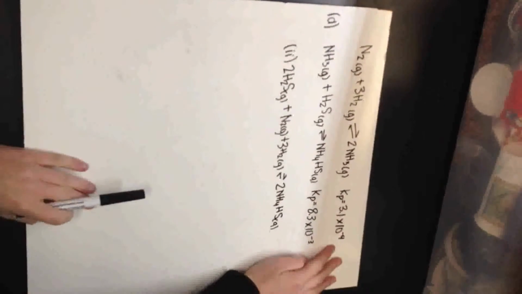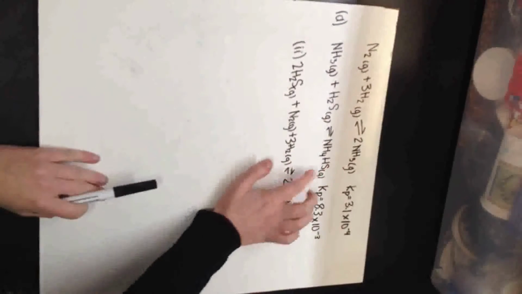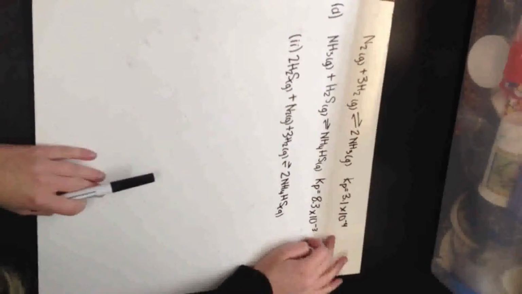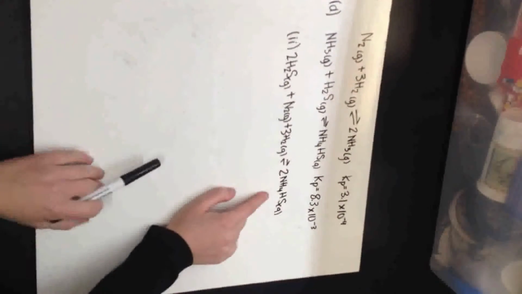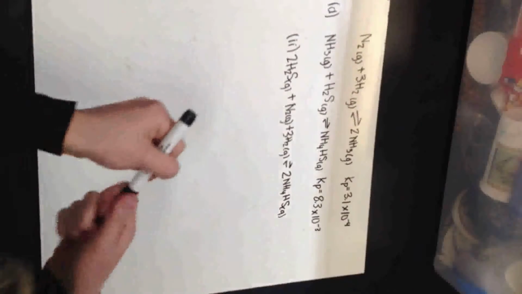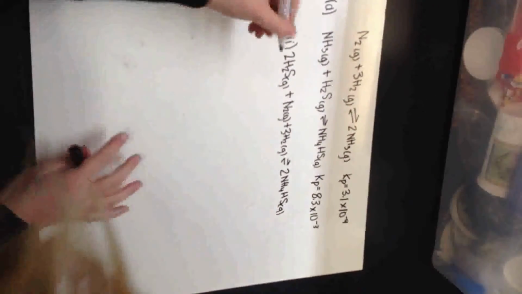Okay, for part 2, you have to use Hess's law to get the equilibrium constant. In the very beginning of this question, you're given this equation, and then for D, you're given this equation. Now, you know the equilibrium constants for both of them, and you have to find the equilibrium constant for this new equation. Using Hess's law, you would add these two individual equations.